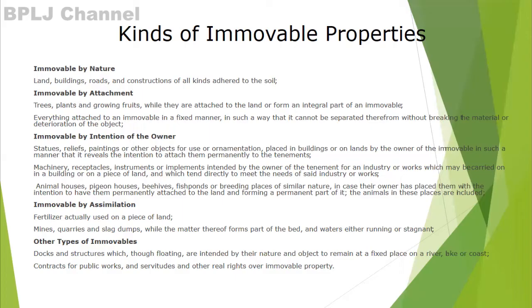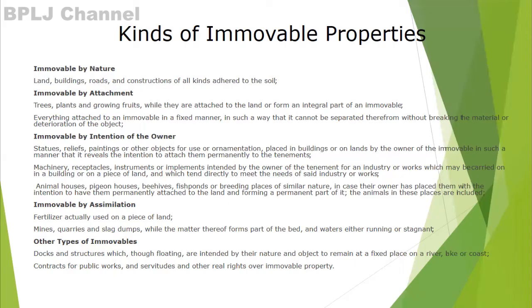So it is needed in all of these instances that the owner must be the one who placed the said object of ornamentation, machinery, or breeding places in the immovable to which they are placed. Otherwise, if it is merely placed by one who only has a temporary right, then it does not become immobilized. Is that clear?